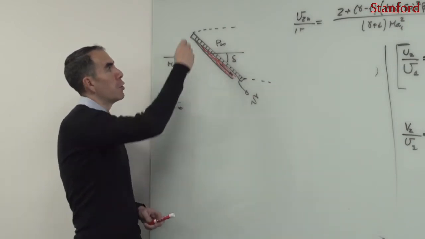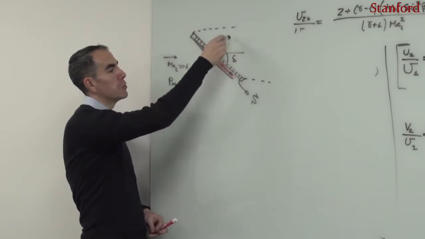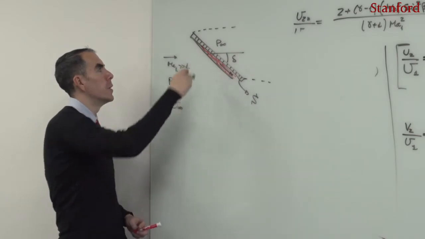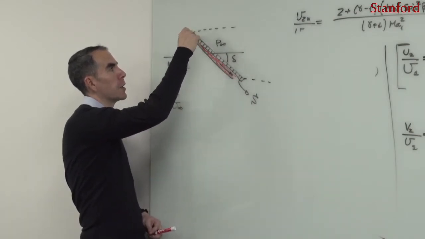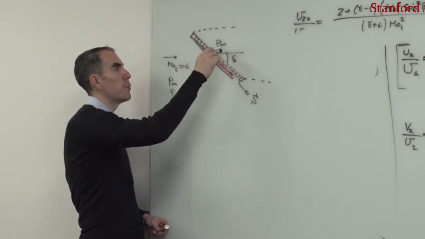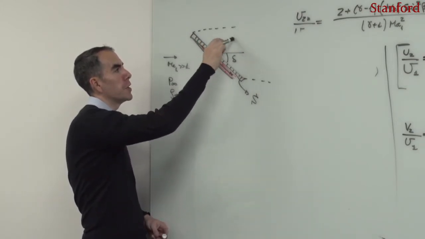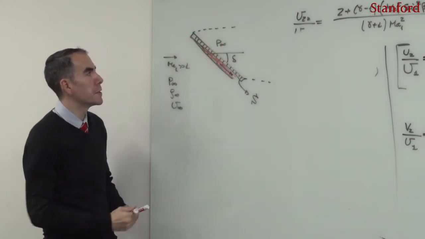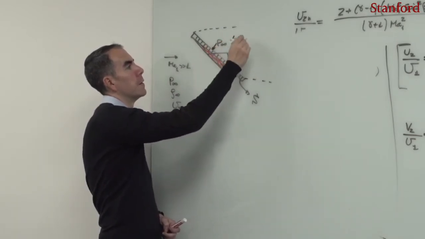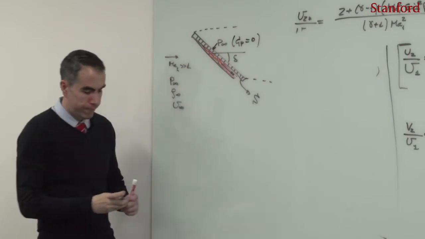So this is to say that if one wanted to calculate the pressure coefficient for this flat plate, one wouldn't go and calculate the Prandtl-Meyer expansion fan, but one would just say that the pressure in the back surface is just P infinity, and as a result, the pressure coefficient on this surface is going to be equal to 0.